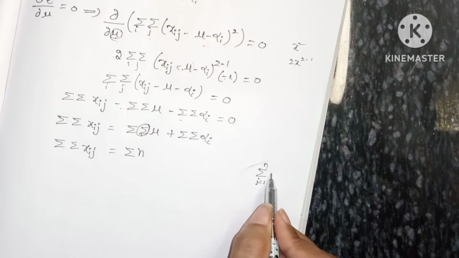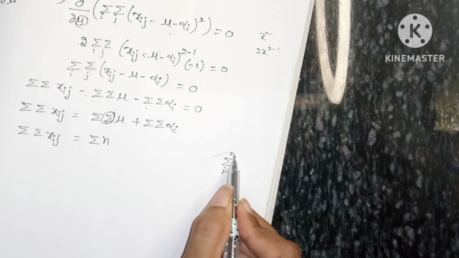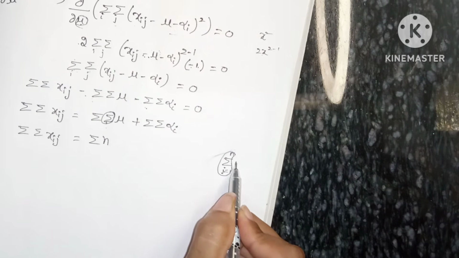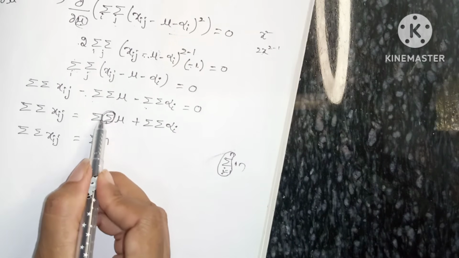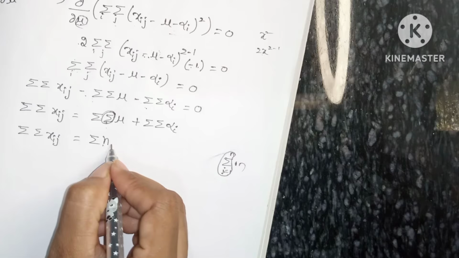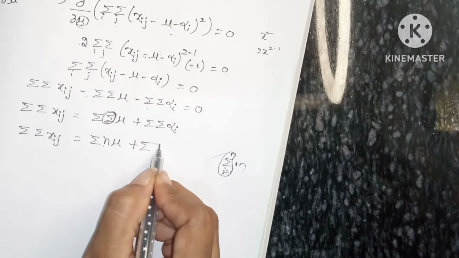So here we have to think that we are having 1. That means if we take this summation, in place of 1 you can keep n. So that's why I took this summation and kept n mu here, plus double summation.